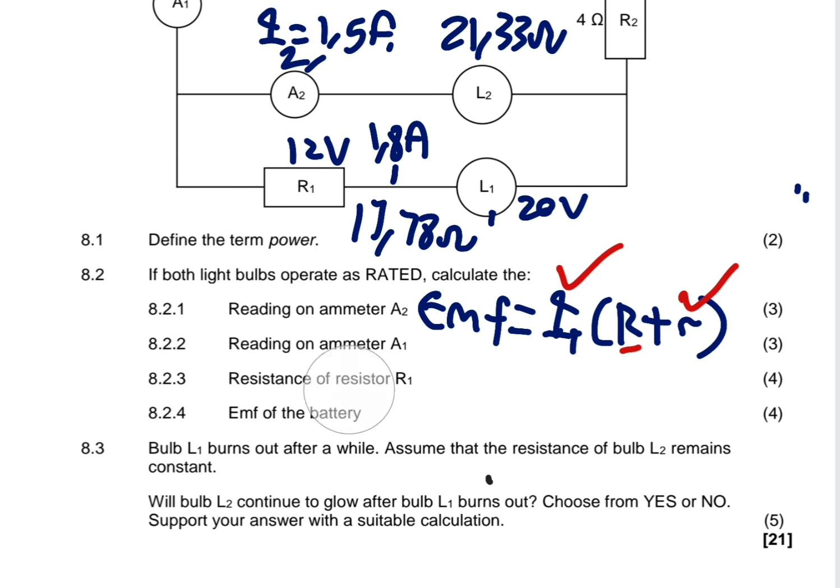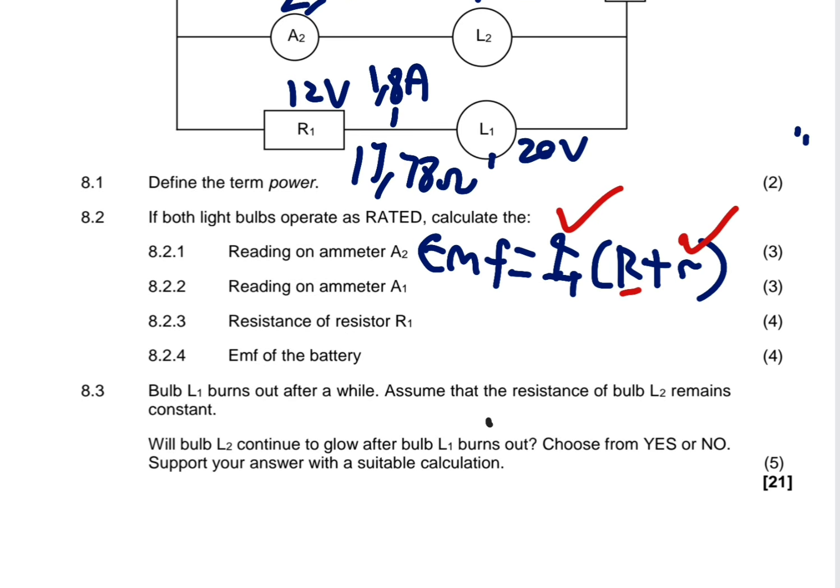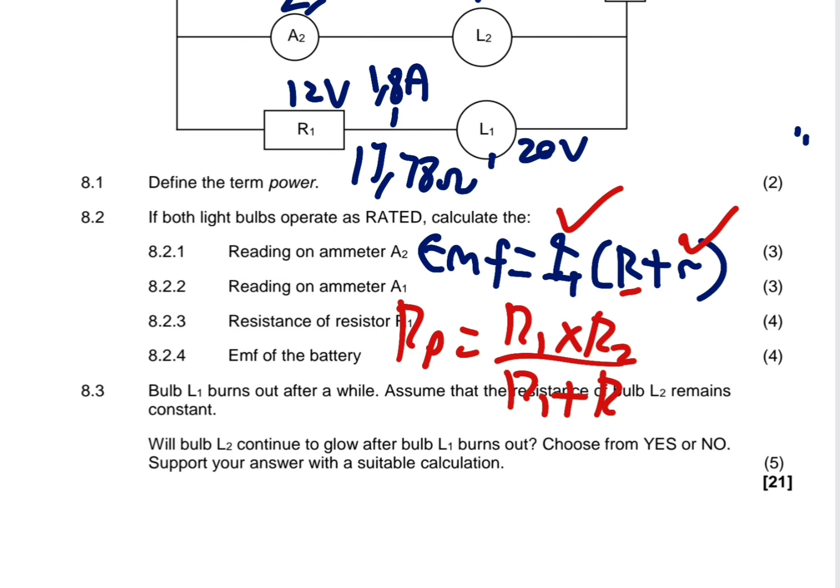So after getting that, what do we need to do? We already said that these two are in series with each other, but they're in parallel with L2. So if they're in parallel with L2, we can use the formula 1 over Rp is equal to 1 over R1 plus 1 over R2. Or because it's two of them, we can just use this formula as well. R parallel is equal to R1 multiplied by R2 over R1 plus R2.